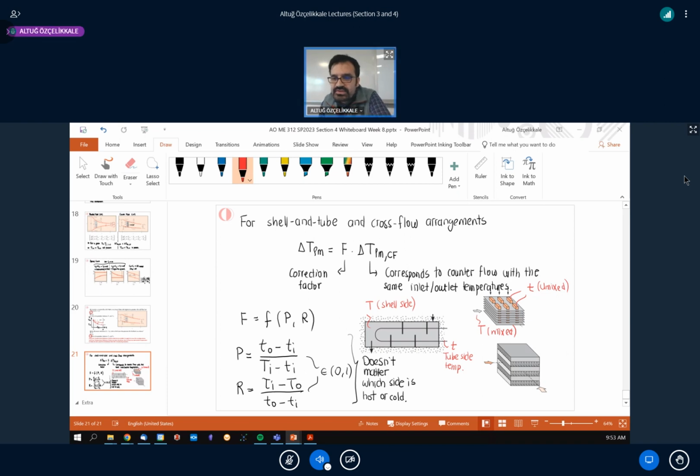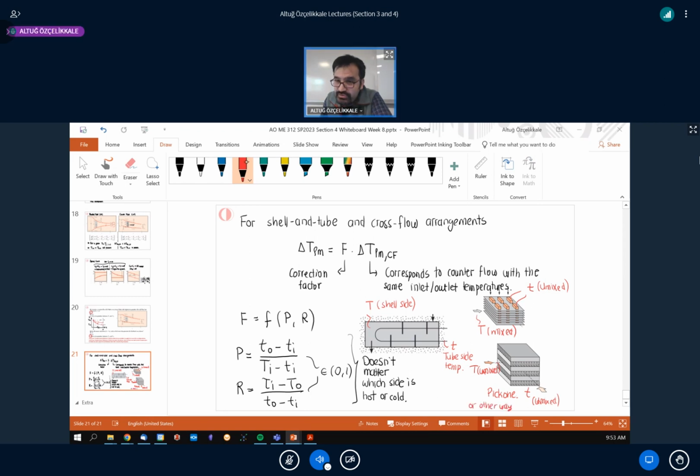Then you can identify either one of them as unmixed. For instance, here you can pick one as small t, unmixed, and the other one, capital T, also becomes unmixed, or the other way around.